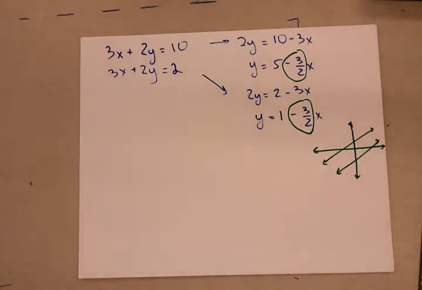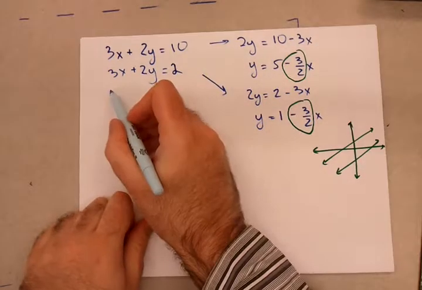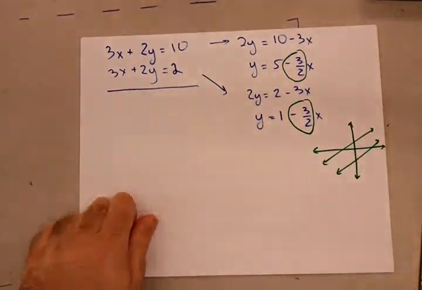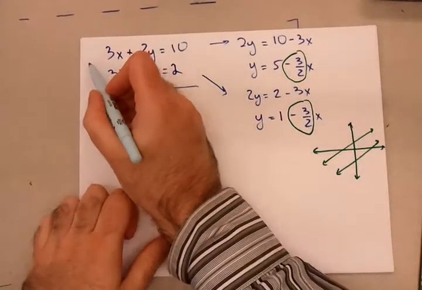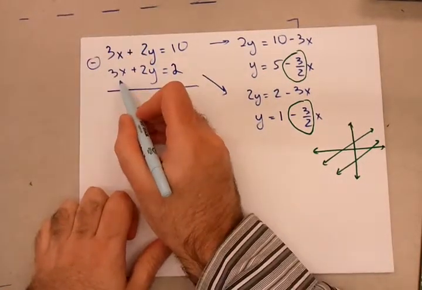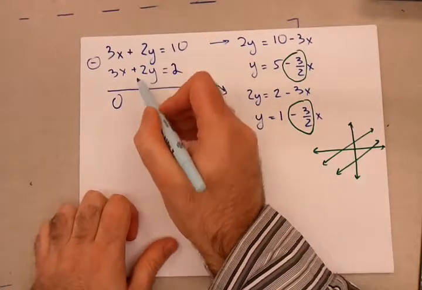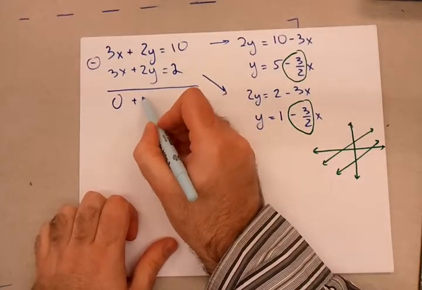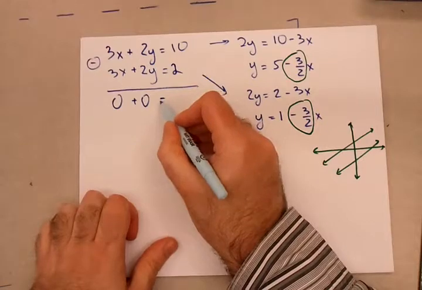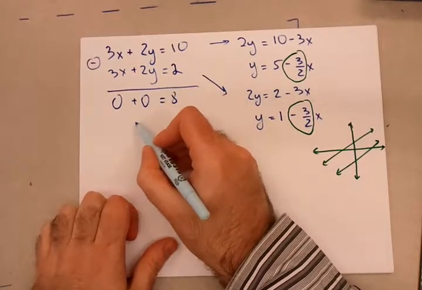Let me do the same problem through elimination. So instead of the graphing method, we can work this through elimination. It's actually very simple. I'm going to choose to subtract the two equations from each other. 3x minus 3x, 0. 2y minus 2y, 0. 10 minus 2, 8. 0 plus 0, 0 still.